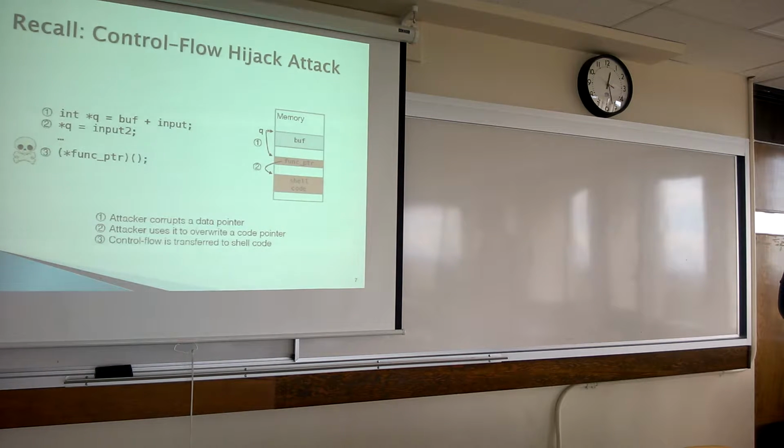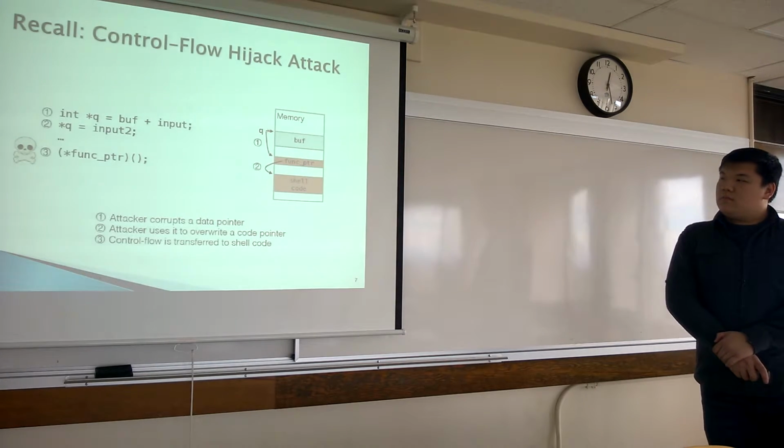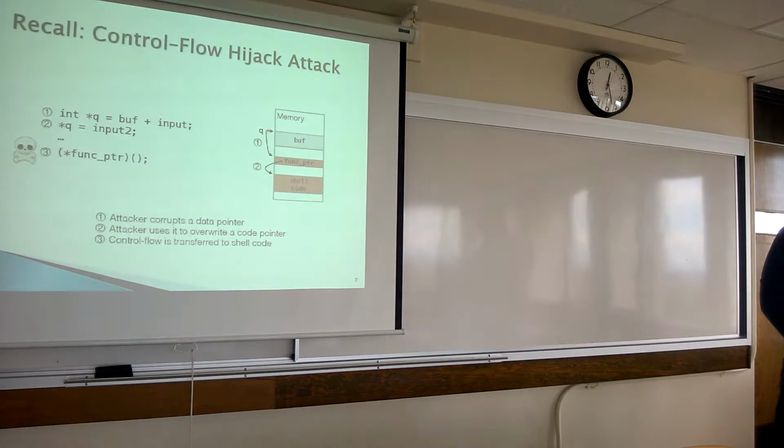But what happens at line 2? Why is the dereferencing part the attacking part? In this case, it's because we're setting the value of something that we shouldn't be able to set.